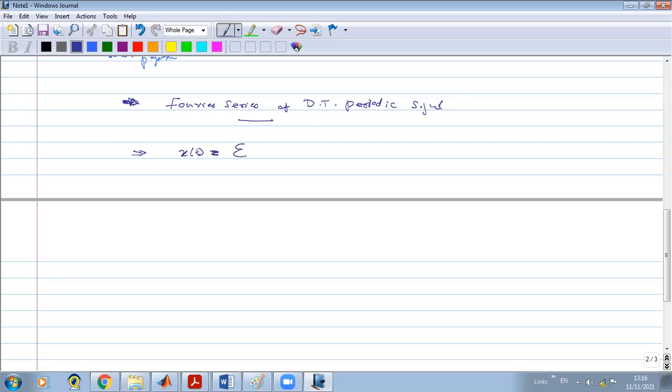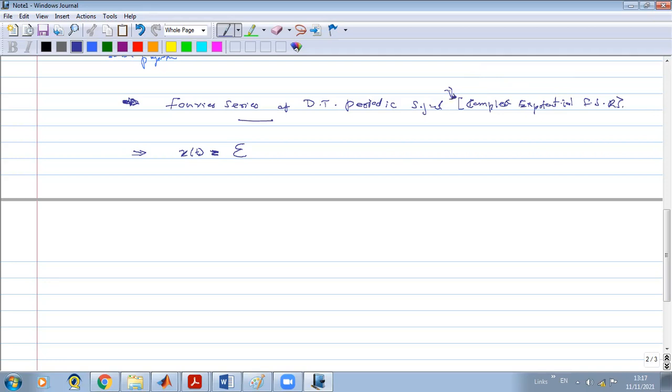We are discussing the complex exponential Fourier series representation. In continuous time we also discussed this only, no? There are other types of Fourier representations, but this is the most simple one and the most popular one.